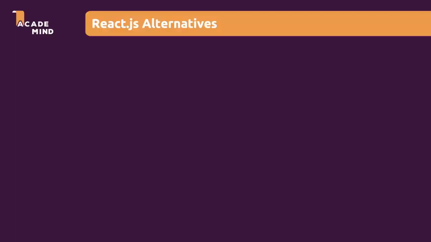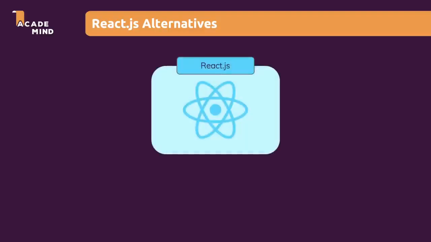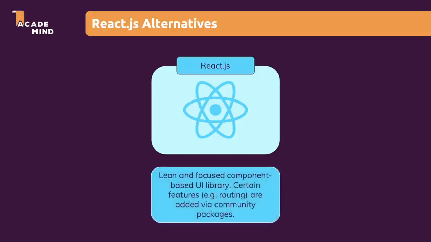Now, this course is about React, but it is worth noting that there are alternatives to React.js. Now, we're going to focus on React here, and React is one of the most popular front-end frameworks or libraries, however you want to call it, you can learn. It's a lean and focused component-based UI library. It really focuses on this component thing, and it doesn't have a lot of other features built in.